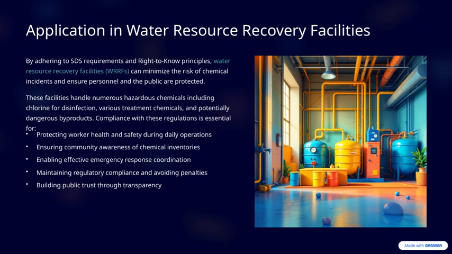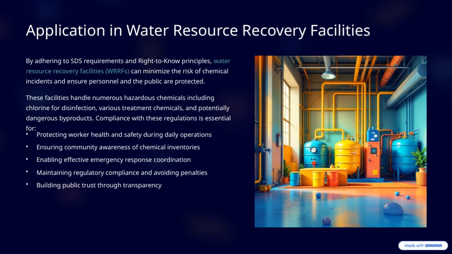It's crucial that the community stays informed about what chemicals are stored on site, especially since many facilities handle hazardous substances like chlorine for disinfection, treatment chemicals, and potentially dangerous byproducts. Protecting worker health and safety during daily operations is a top priority, and strict adherence to regulations helps us do that.